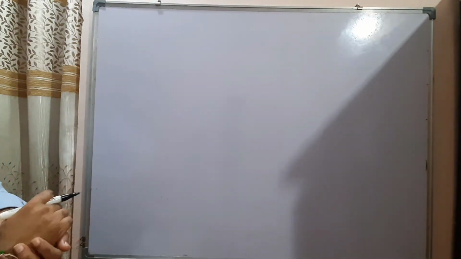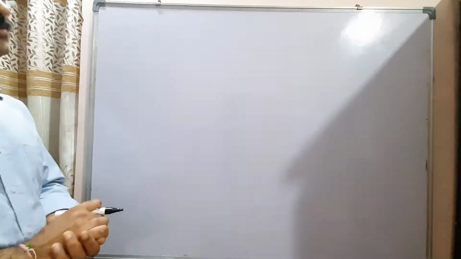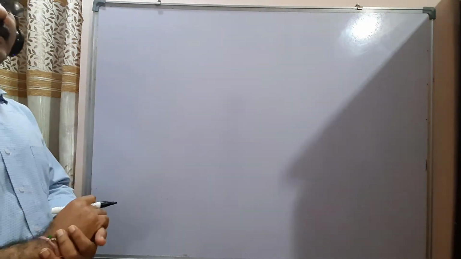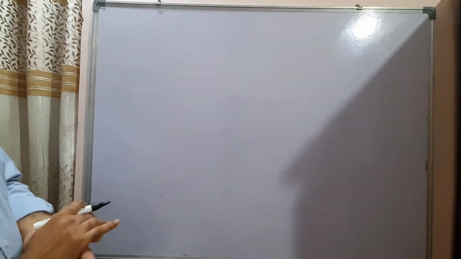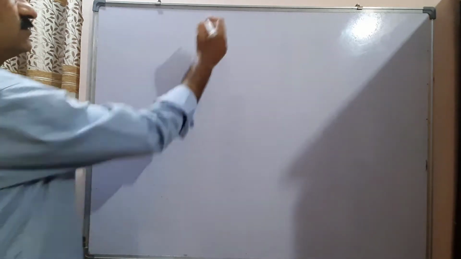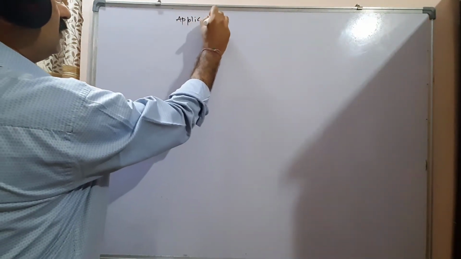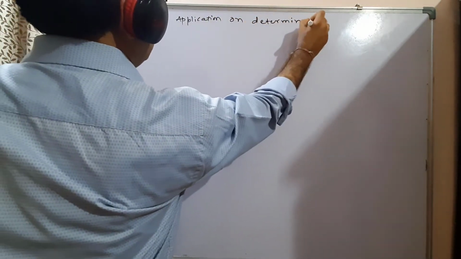Now we see the very small application depending on this determinant method. By using this determinant method, we have to find out the area of a triangle which is lying on the xy plane. So what is that application? Application on determinant.